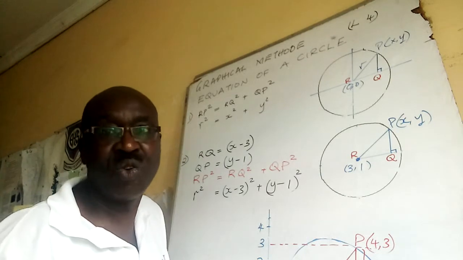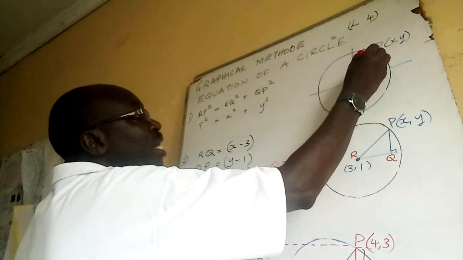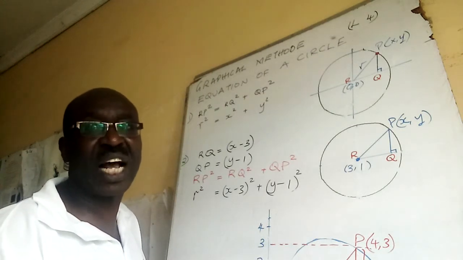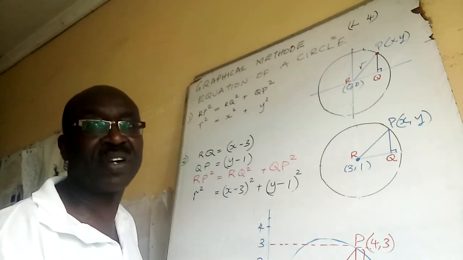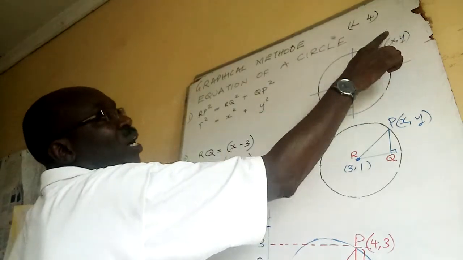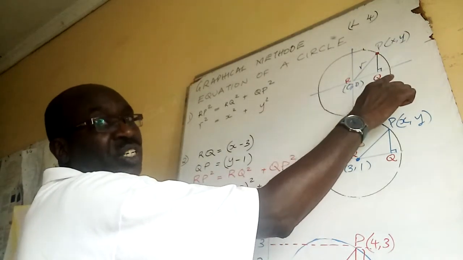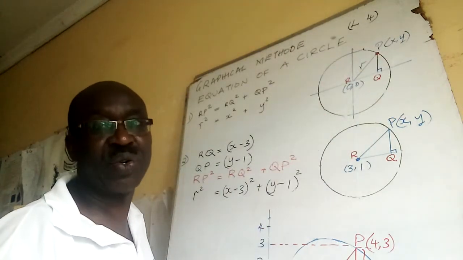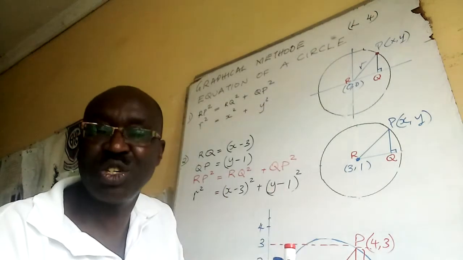We are assuming that you can read the x and y coordinates of P perfectly. So what is the meaning of x, y? From the center you have moved right x units, and then you have gone up y units. So we want to see the relationship.